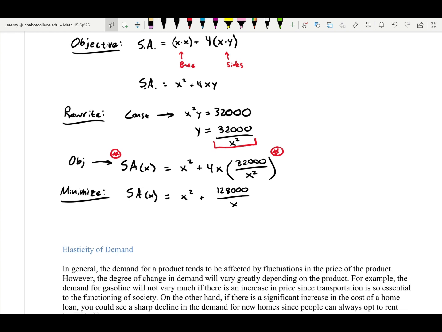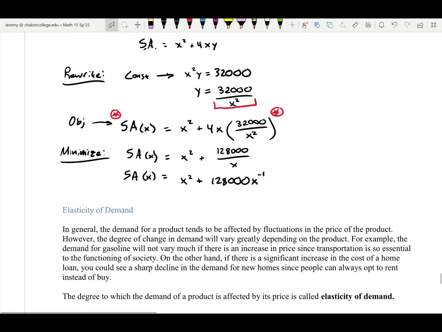If you wanted to, I'm inclined to rewrite this one more time as x squared plus 128,000 times x to the negative first power, just to make it easy to do a power rule. So finally I can find my derivative. I'll get 2x minus 128,000 over x squared, like that.